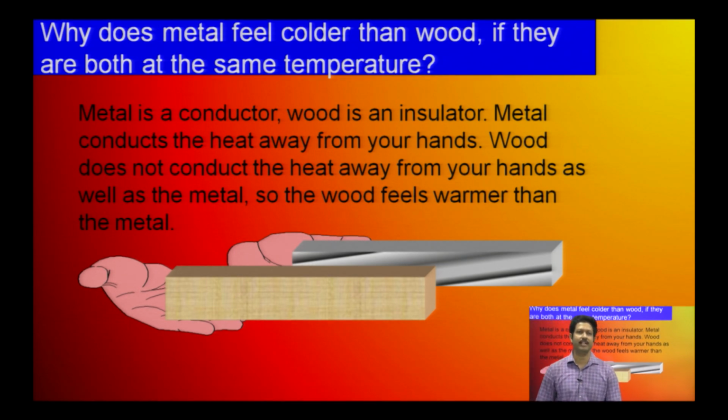So that's why the wood does not conduct the heat away from your hands as well as the metal, so the wood feels warmer than the metal. Wood does have unstable electrons, but the quantity is not much, so that's why wood is called an insulator.